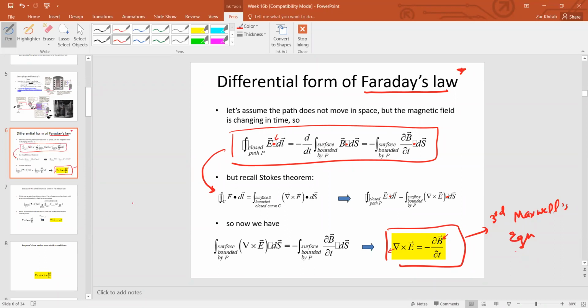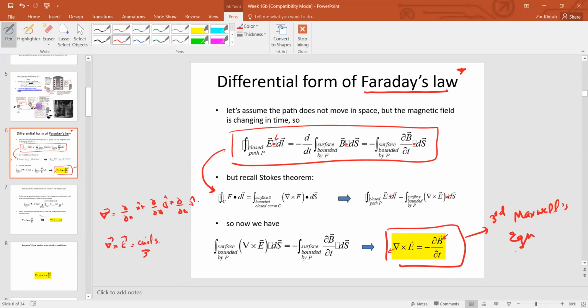That's very interesting. Look, the del operator is partial by partial x in the direction x plus partial by partial y in the direction y plus partial by partial z in the direction z. And del operator cross with another field is going to give you curls. What was the curls?